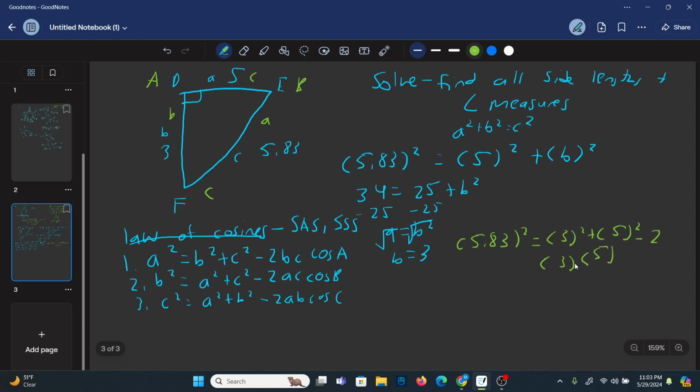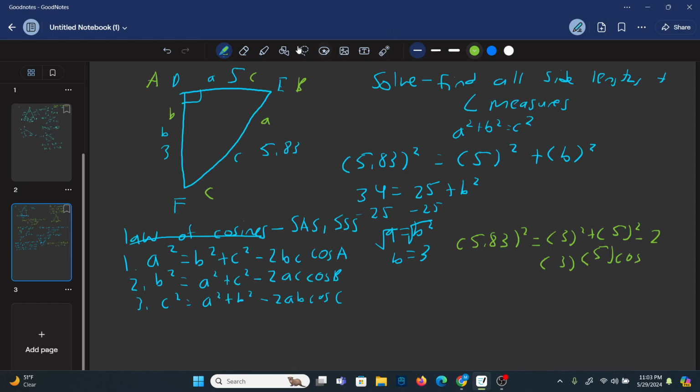Notice that these are the same, except these are squared, and this is multiplied, obviously, times 2. And then we have cos angle A, which we do not know.